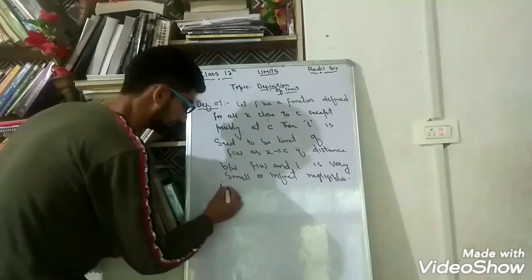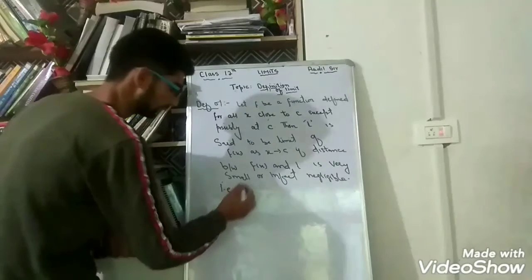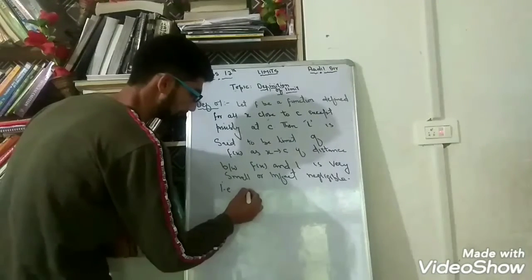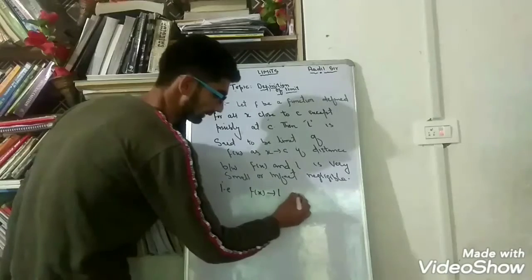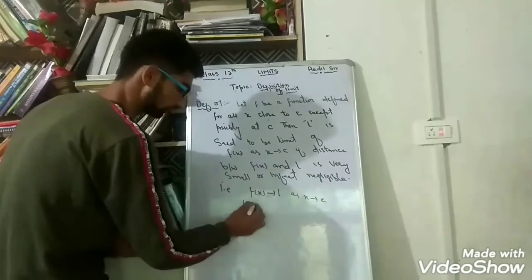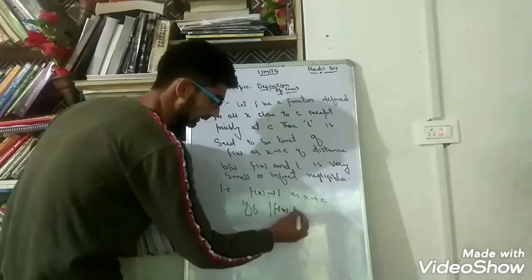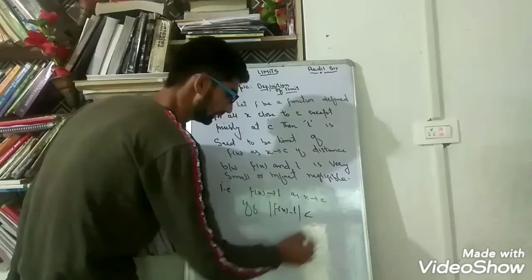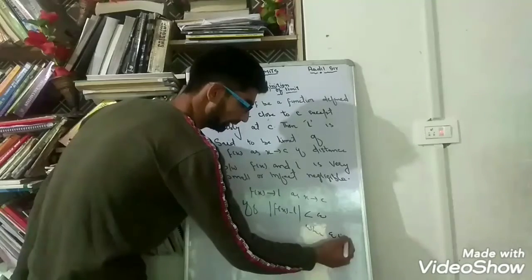That means, beta, that f of x tends to L as x tends to c if and only if the distance between f of x and L, that is |f(x) - L|, is less than epsilon, while epsilon is very small.